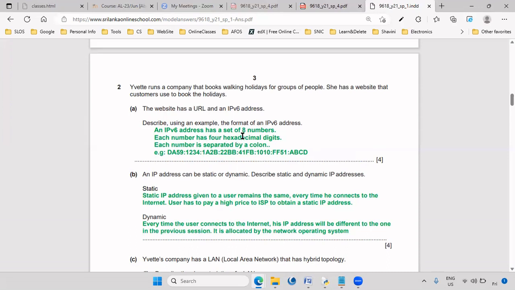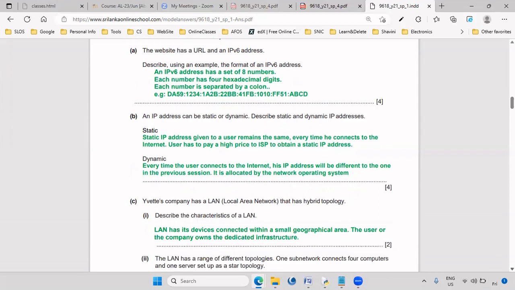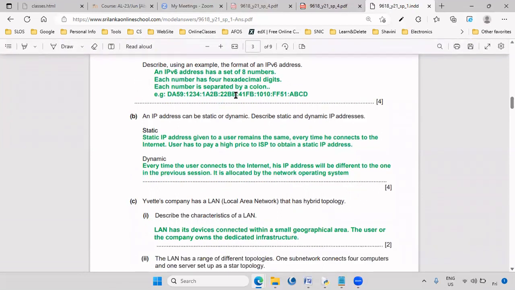Then in this one, 4 hexadecimal digits for each number, which means how many bytes? 2 bytes. For 2 hexadecimal digits, 1 byte is needed. So for 4 hexadecimal digits, 2 bytes are needed. Each number is separated by a colon, like this. Example is given, so you have 4 marks for that. These should be hexadecimal numbers.